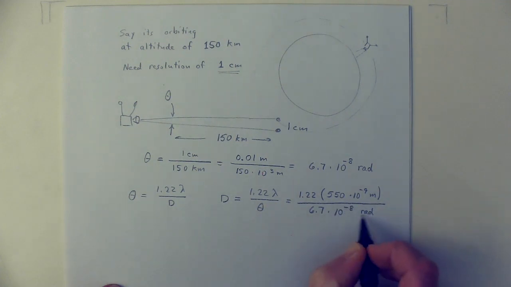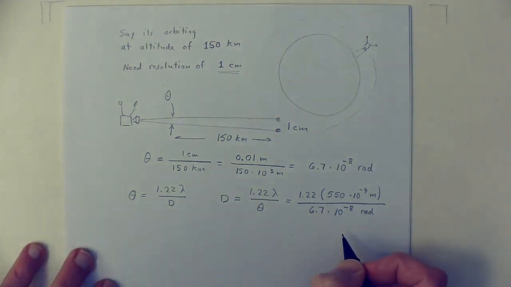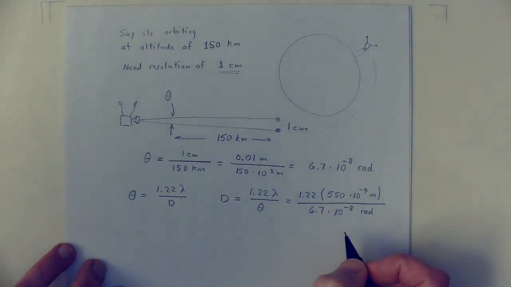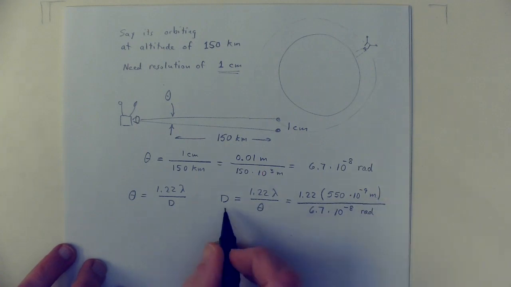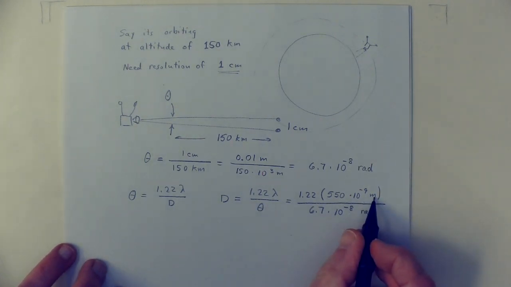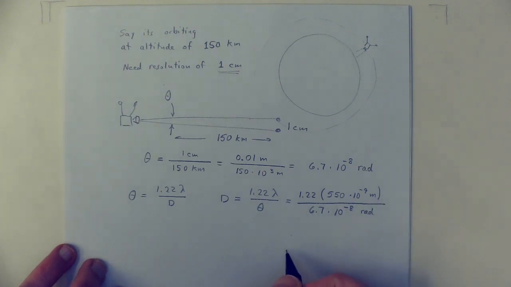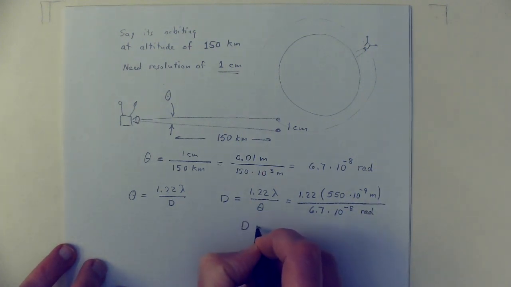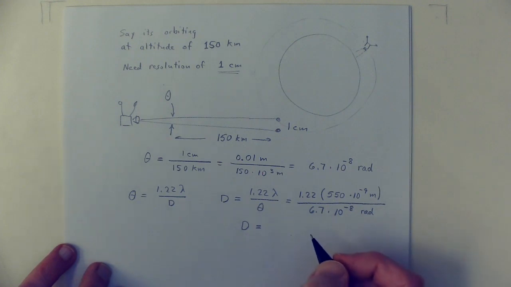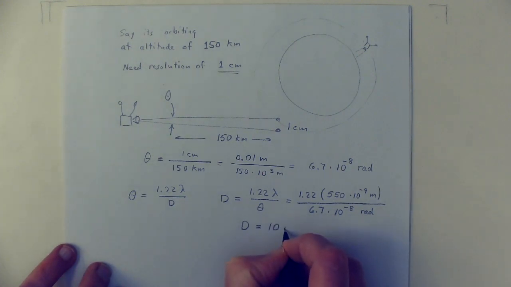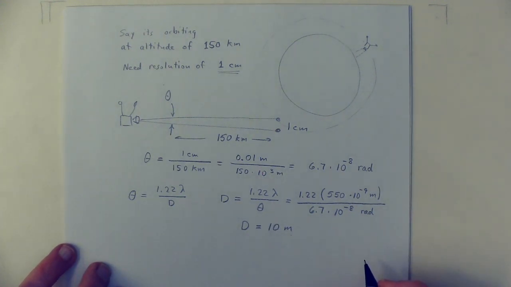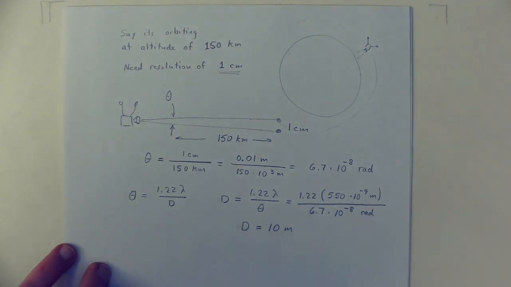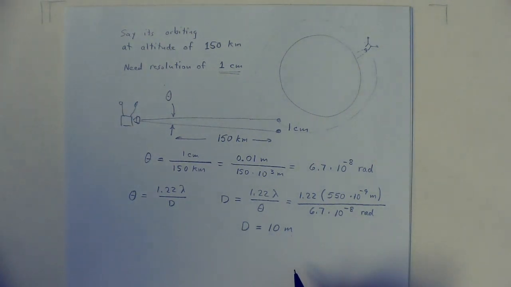You could put radians in here, but remember you can just eliminate radians whenever you want. And we're going to get a d coming out of this that is in meters per radian, but you get rid of the radians. So the d, when you calculate that, is very close to 10 meters. We need a lens or a mirror that's 10 meters in diameter.